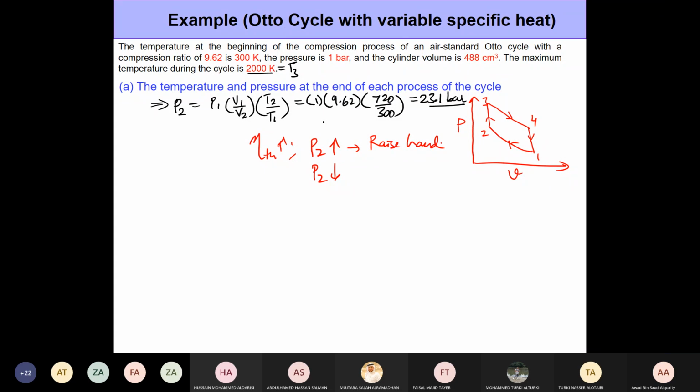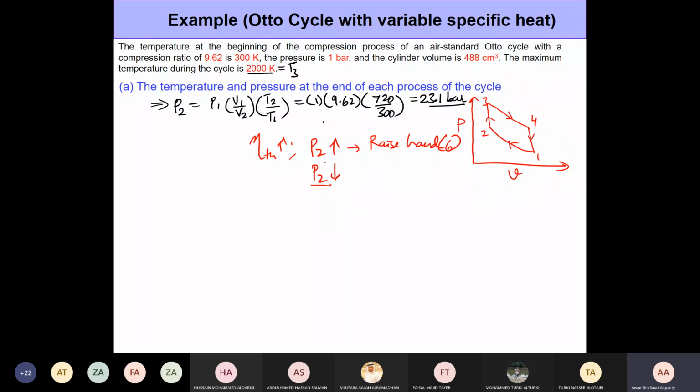Six of you say we need to increase P2 to increase thermal efficiency. All right, seven. Okay. Now, how about the remaining guys? Do you think we need to reduce P2? Okay, we'll do this voting again.